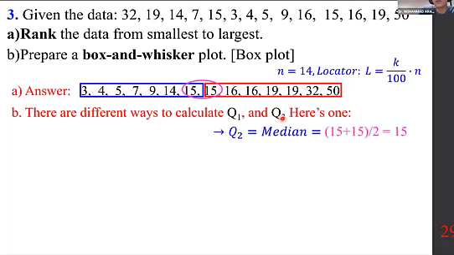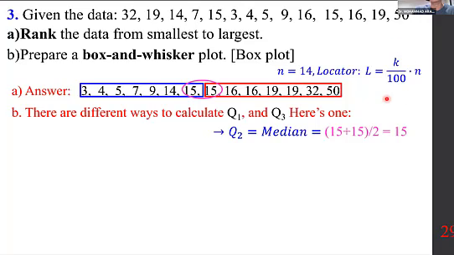We also have this locator. Ultimately, there are different approaches. There is even a weighted average approach. But as far as the locator is concerned, remember, when we say Q sub 1, it is separating the bottom 25% from the top 75%, which means you basically have to look at the number of data and multiply it by Q1's representation, which is 25% or 0.25.